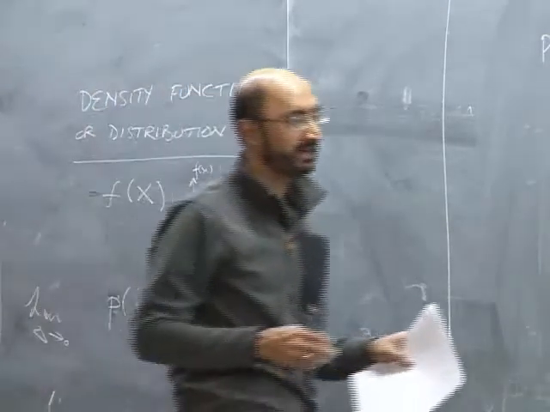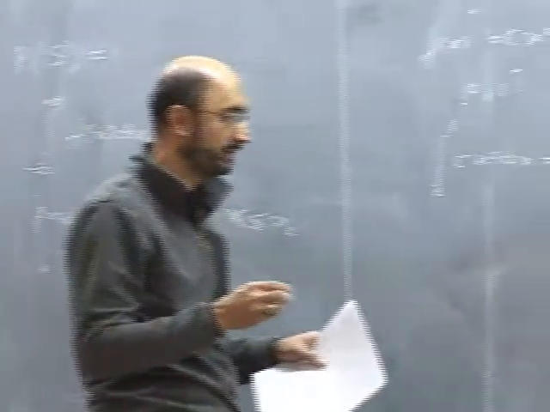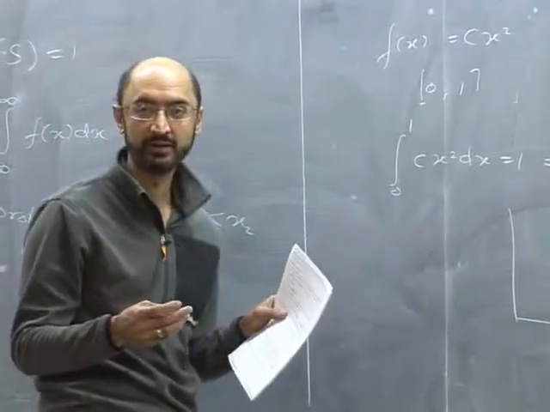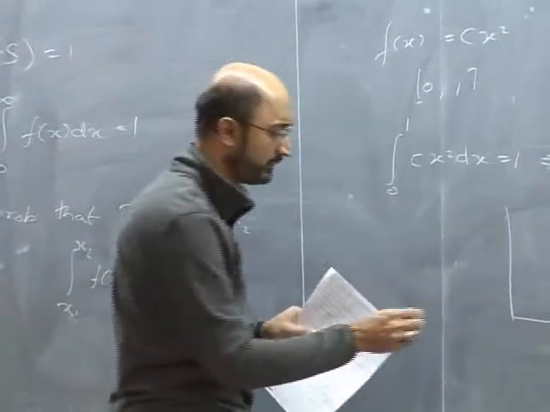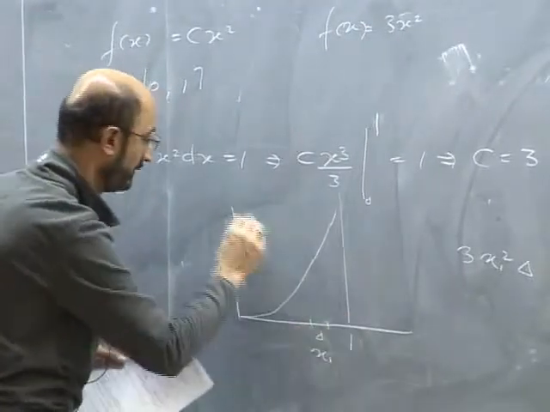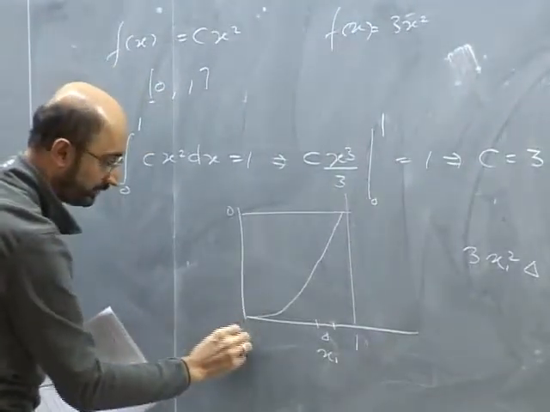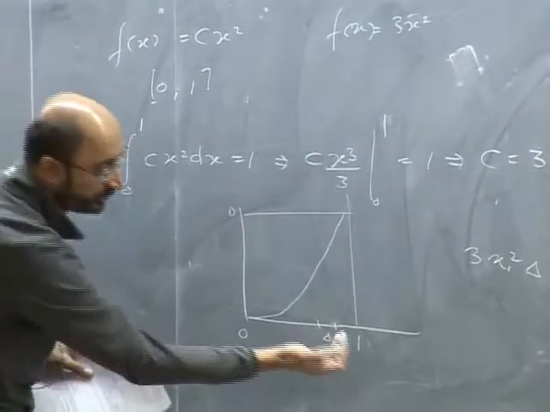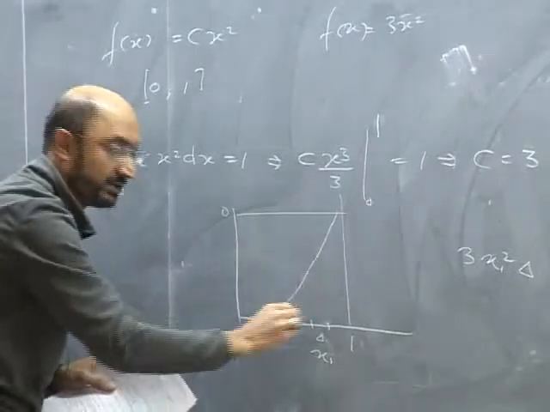So if you think about it, x squared is going to be in the range 0 to 1, right? So we're going to have something that looks basically like this. This is going to be 1, this is 0, and it's 3 times that. And so the closer you are to 1, the higher the probability.